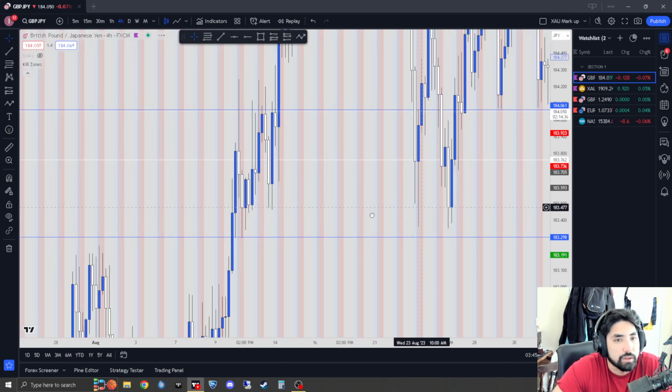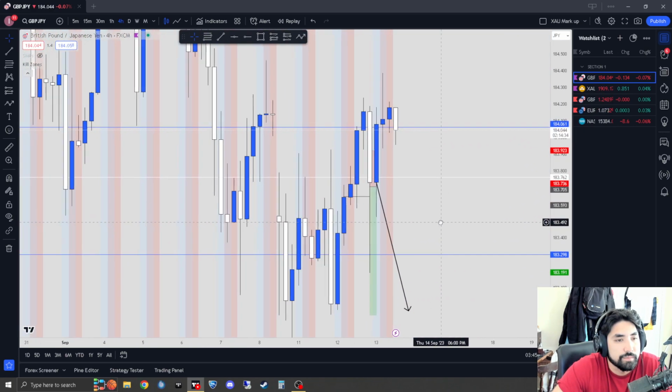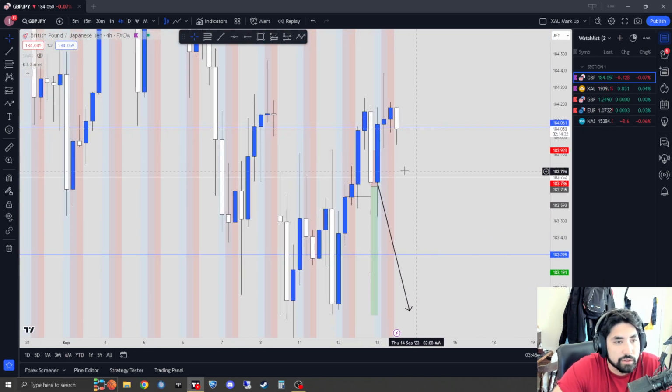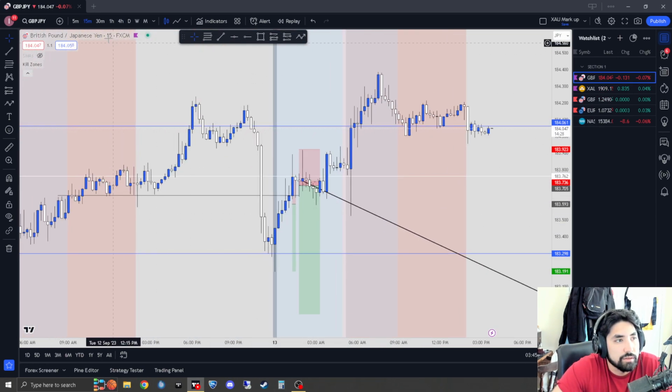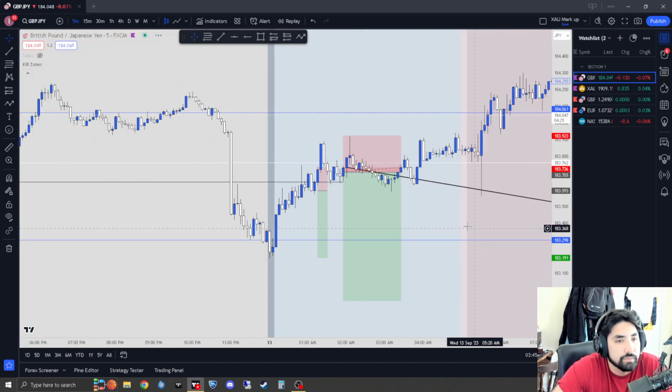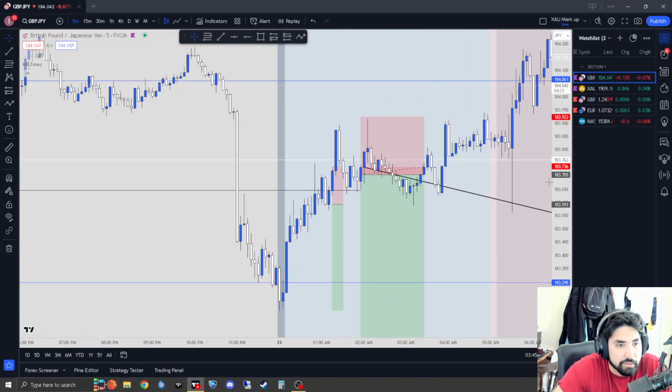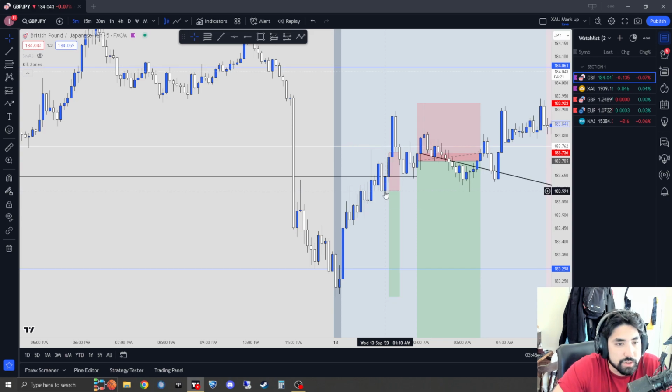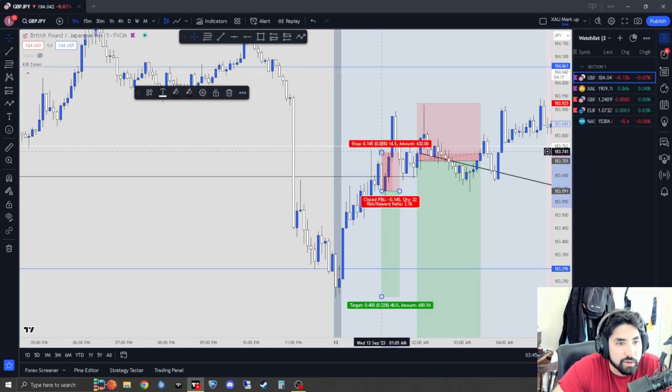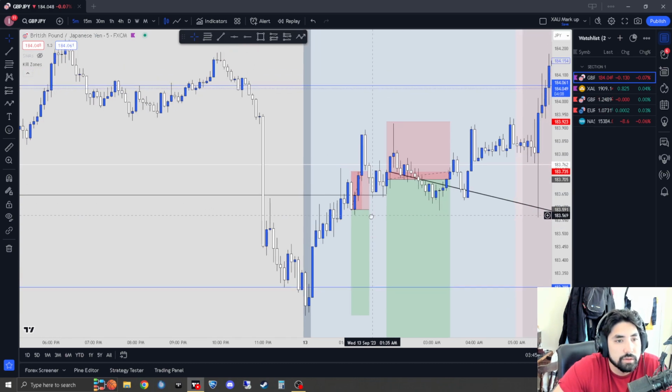After the 4-hour closed, I looked at it and it looked solid from that resistance. Going down to a 5-minute time frame, we did have a bearish engulfing right here. This was my entry point. Stops above 3 pips. That would be 14.4. It immediately hit my stop loss.